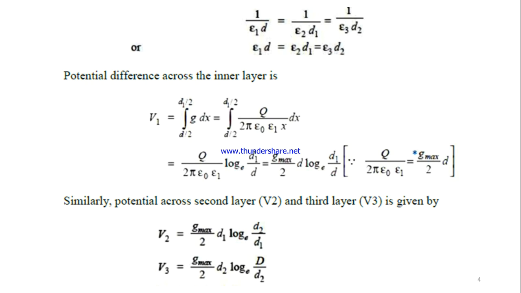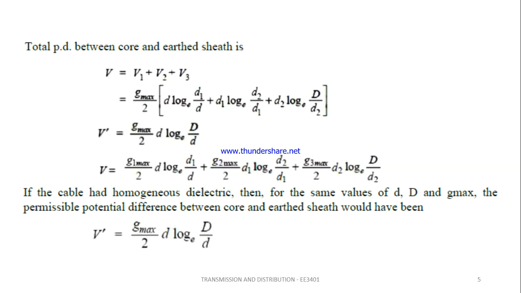Here we have dx by x as natural logarithm of x, and by integrating it we get this equation. Similarly for V2 and V3 we get similar equations, and we add all the potentials, and this will be the total potential difference.